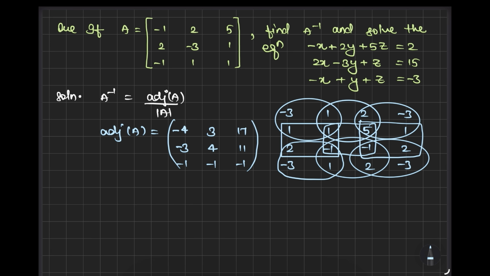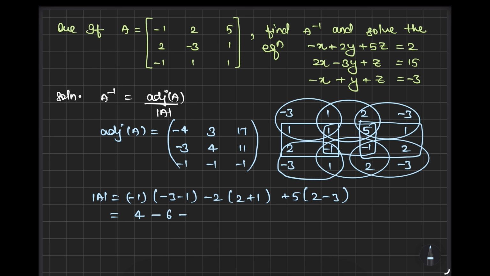Now you have to find the determinant of A. So what is the determinant of A? You have to start from here. -1 times (-3 - 1), -2 times (2 plus 1), plus 5 times (2 minus 3). So you get -4 - 1, so it is plus 4. Then minus 6.